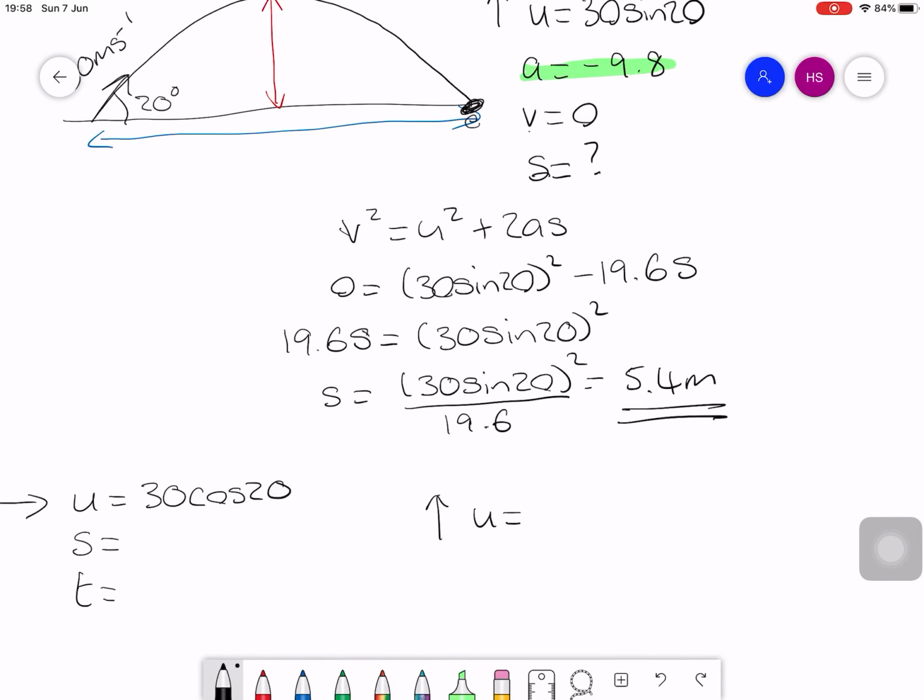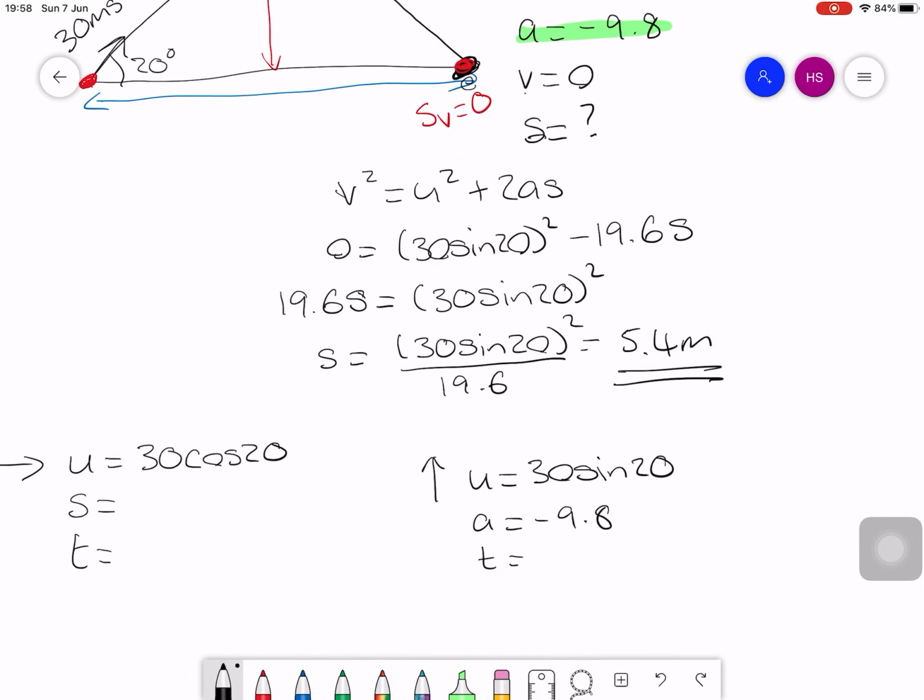We've already said vertically the initial velocity is 30 sine 20. Acceleration is minus 9.8. I want to know the time when it hits the ground. What's special about that point, thinking vertically, is that the vertical displacement is 0. It's come back down to the same height that it was projected from.